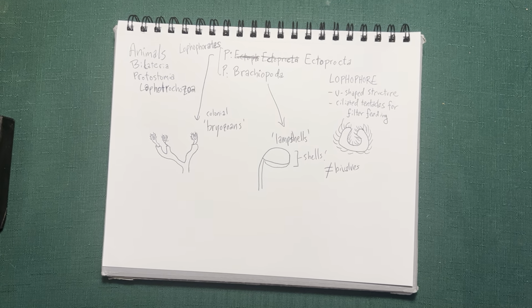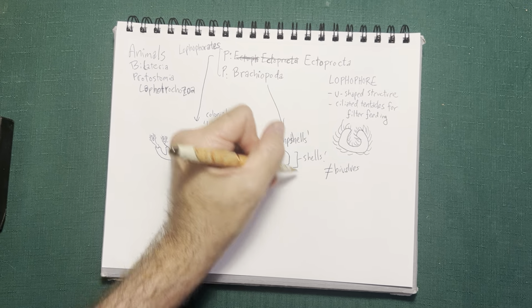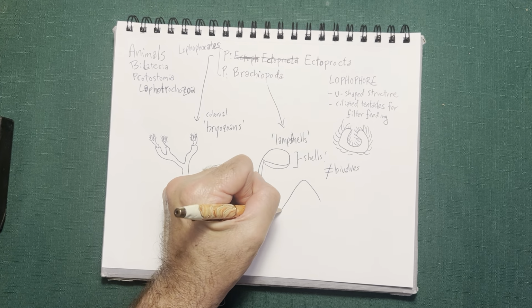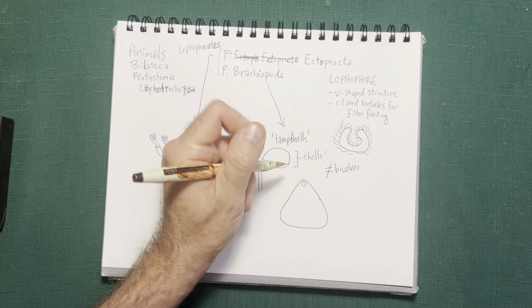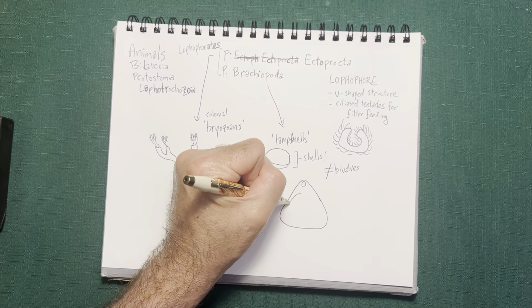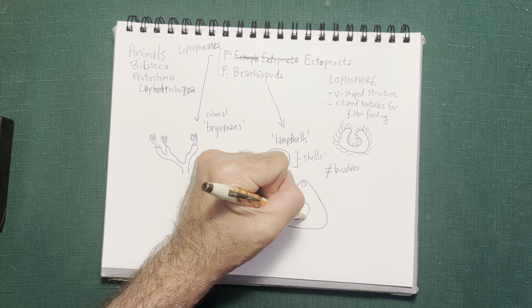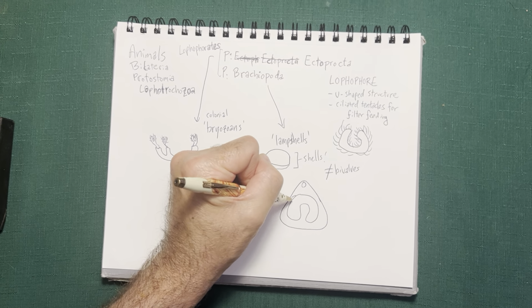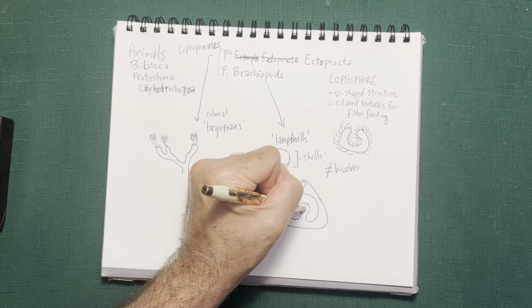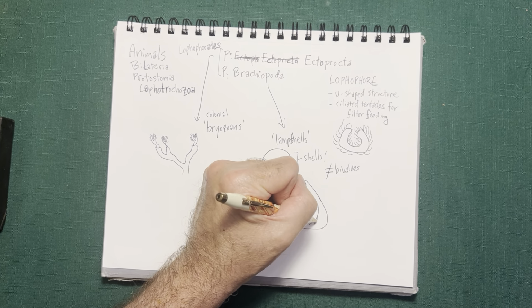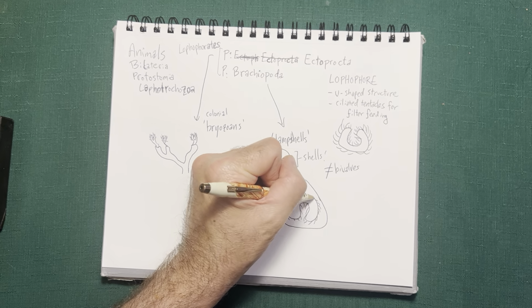Superficially, they look like bivalves, but if we were to take a section through a brachiopod, well, first of all, we'd find a lophophore inside there if the animal's still alive.